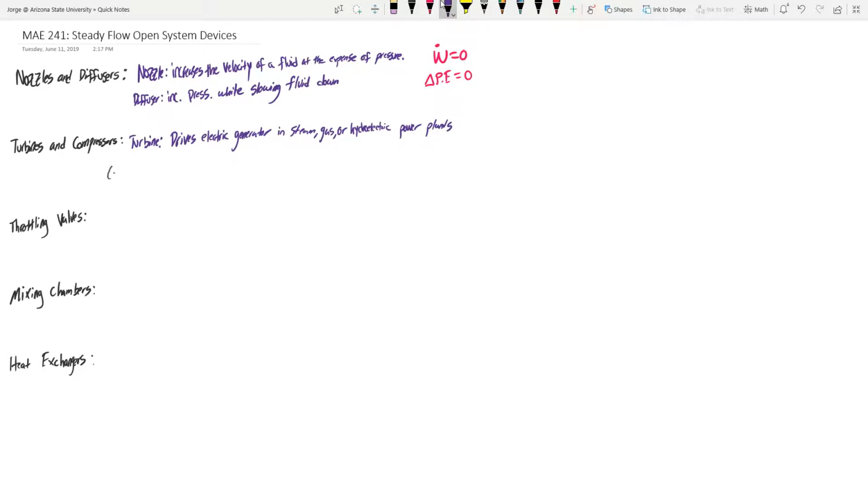Okay, and then a compressor. So compressors, pumps, or fans, they all are used to increase the pressure of a fluid. So you can also say pumps and fans as well.